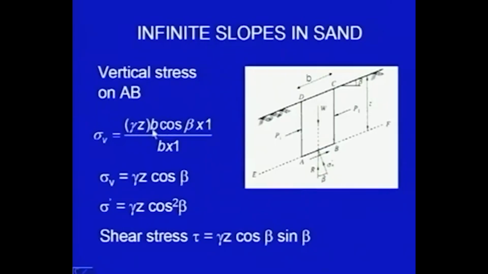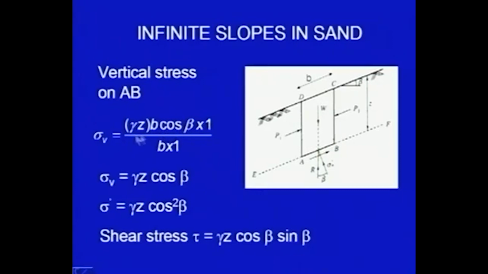So, Z into B cos beta. B is this dimension. Please note, we have taken the dimension B as the inclined dimension. So, the horizontal dimension will be equal to B into cos of beta. So, B cos of beta is this horizontal dimension, Z is the vertical dimension.